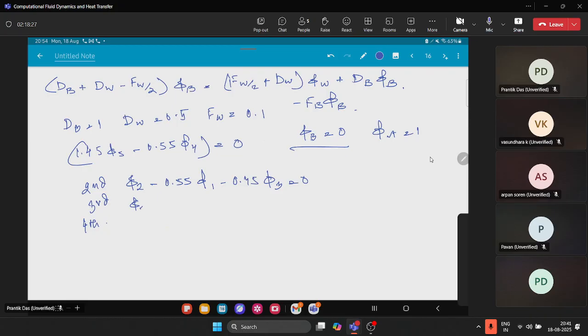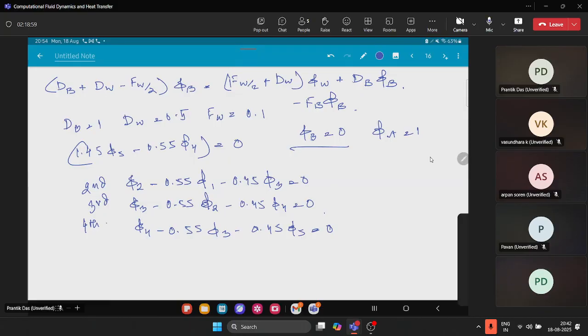Phi 3 minus 0.55 phi 2 minus 0.45 phi 4 equal to 0, and then phi 4 minus 0.55 phi 3 minus 0.45 phi 5 equal to 0. Then what you have to do is convert that similarly into a matrix format, and then you have to solve it.